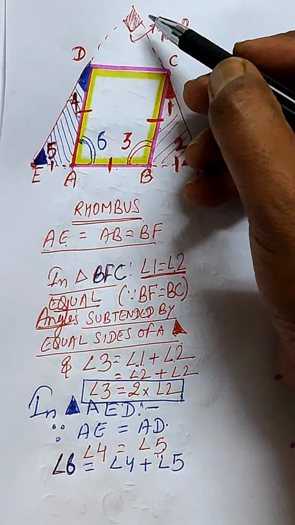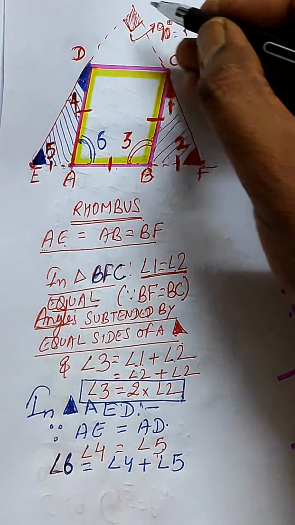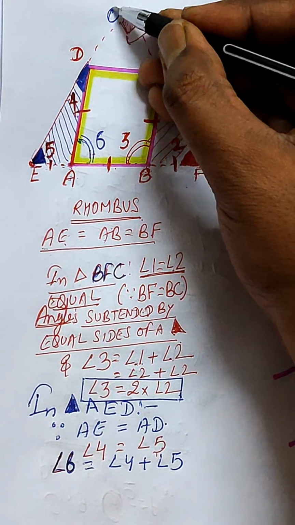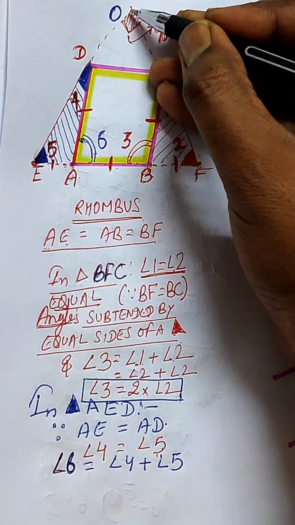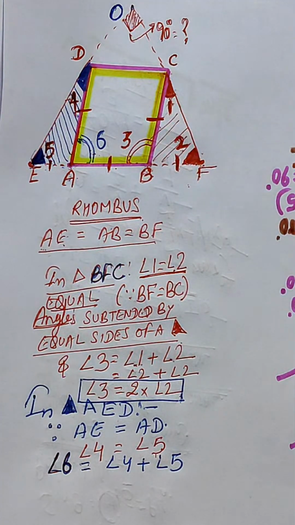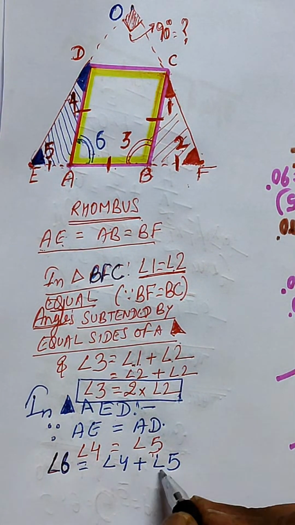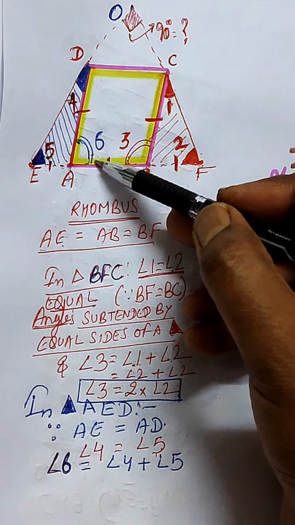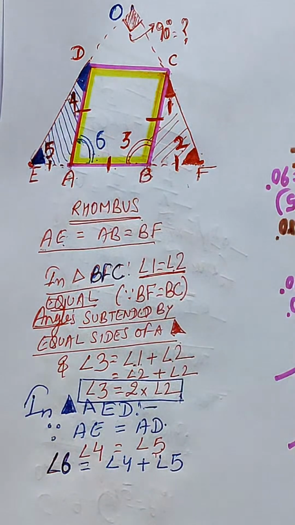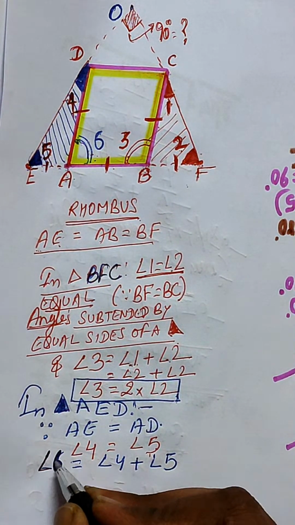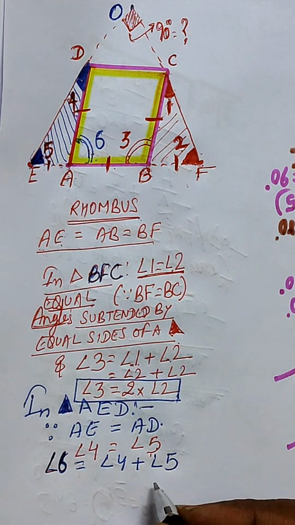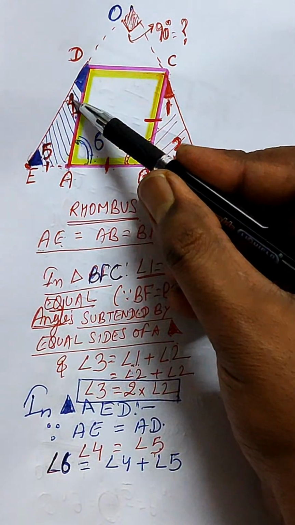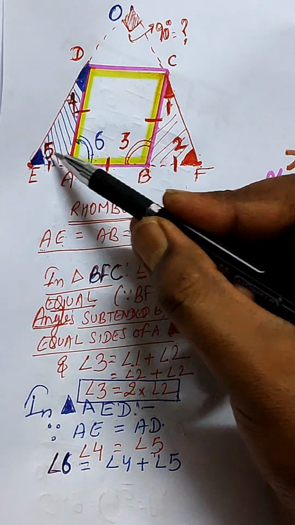And just if this point is not known, you can just name it. Let's say this is O, the vertex where the 90 degree need to be proved. And since angle 6 equal to angle 4 plus 5, that is sum of interior opposite angles, and this is the exterior angle, both are equal. So angle 6 equal to angle 4 plus angle 5. Then in place of angle 4, we can write angle 5.